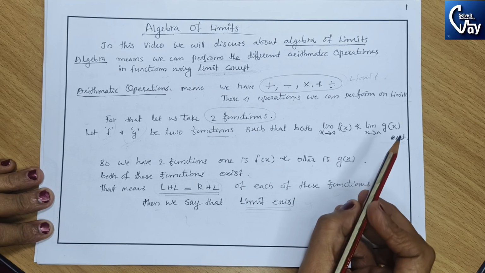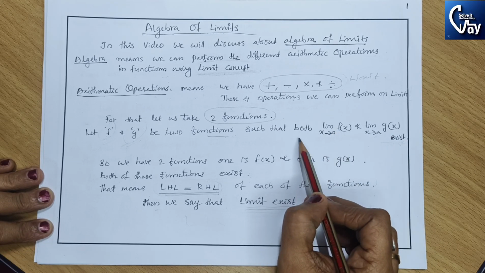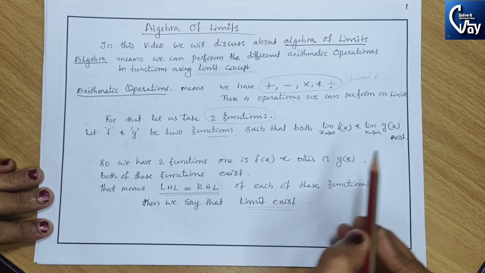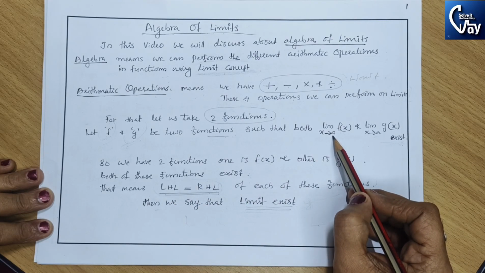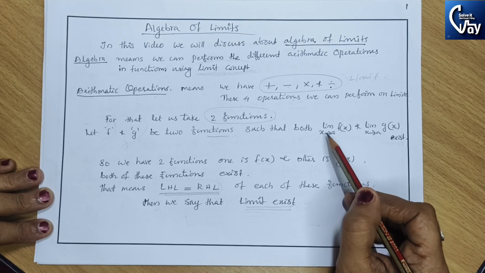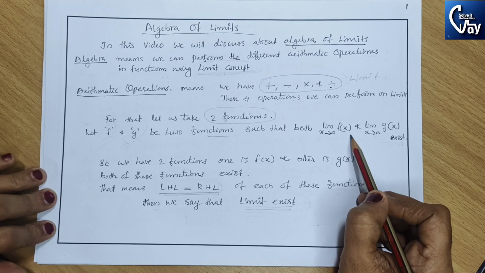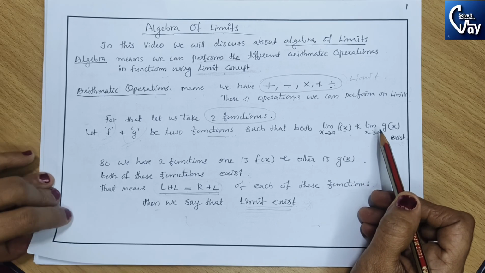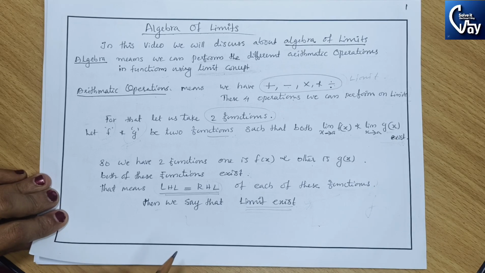So for f of x and g of x, limit x approaching a of f of x exists means limit x approaching a minus of f of x is equal to limit x approaching a plus of f of x. Both are the same. Similarly, in the case of the function g of x also. Is it clear?